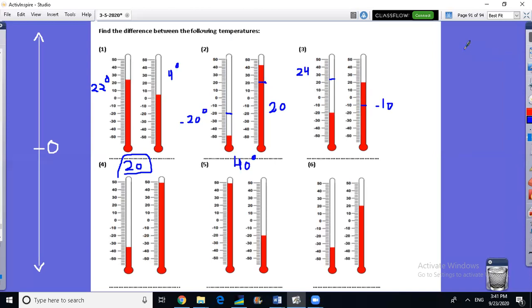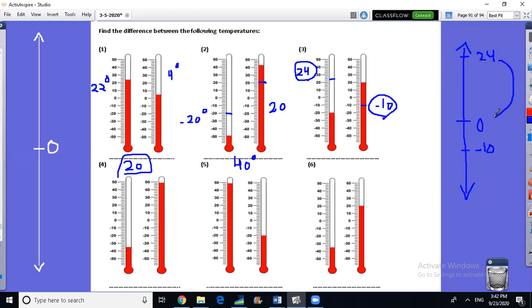Imagine a number line that has 0 here in the middle. Let's imagine that 24 is here, and we need to reach -10. What is the difference between 24 and -10?